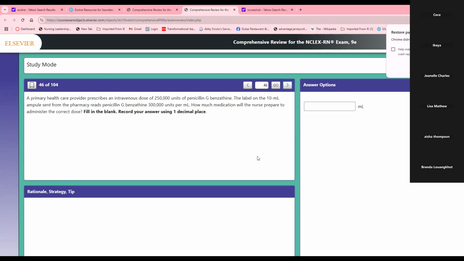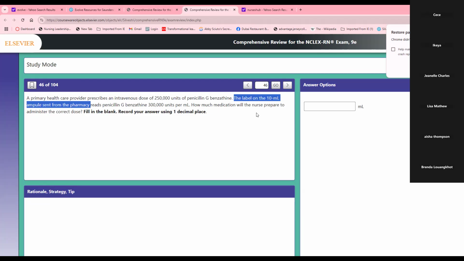So let's set this up. What's our desired dose here? 250,000 units. Okay. And what do we have on hand? 300,000 per 1 ml. Don't get confused with this. What does that mean?